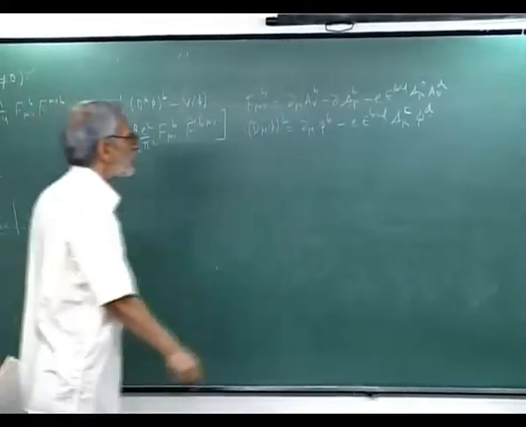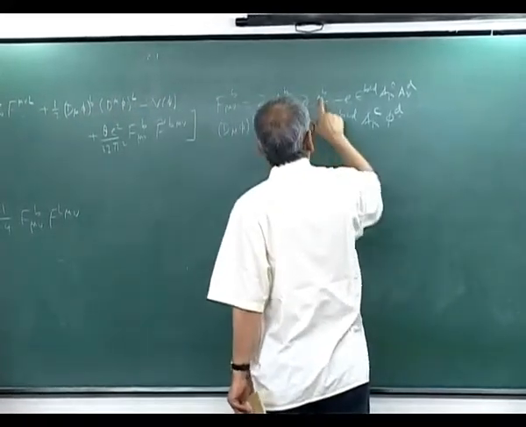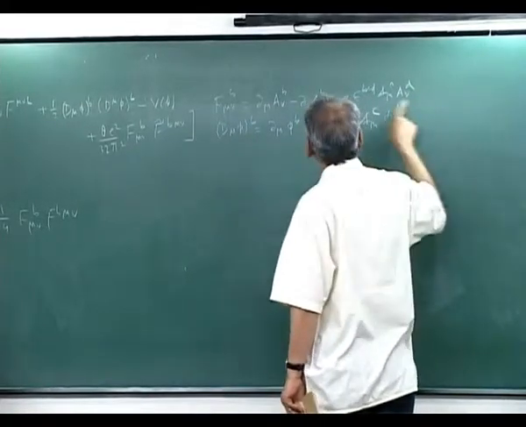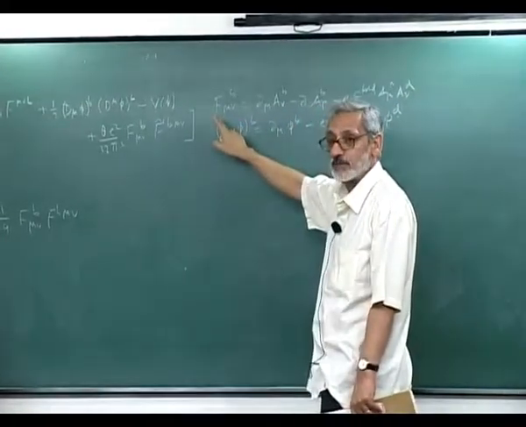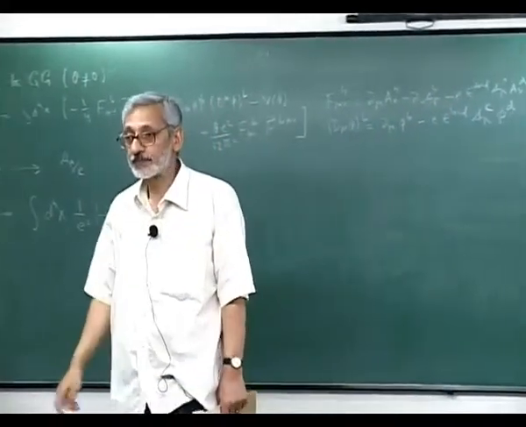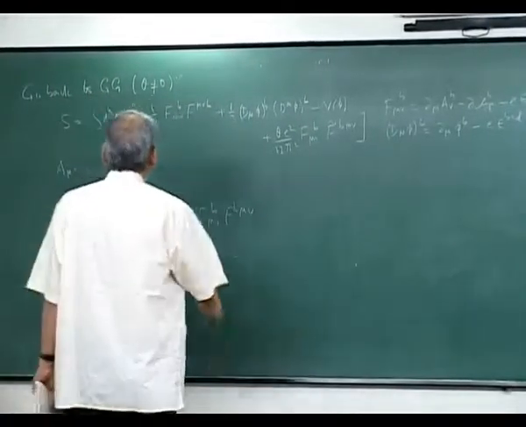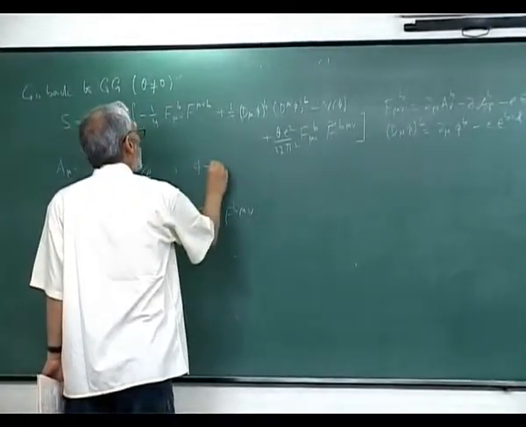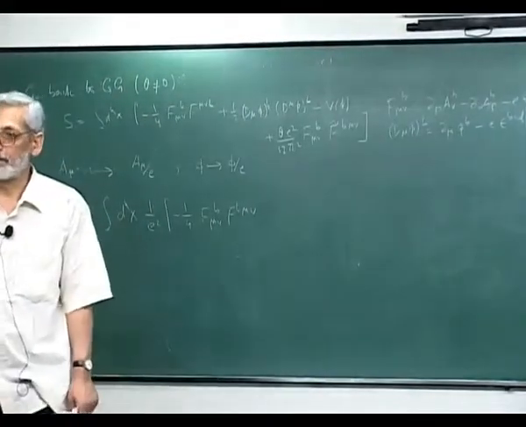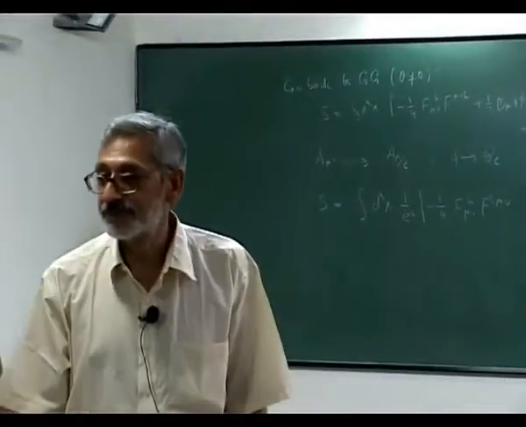So if I replace A_μ by A_μ/e, one e will cancel here, so I will have a 1/e outside. So I have a 1/e² for two such terms. I will also do the scaling, replace φ by φ/e. I had not done that in the exercise I gave you.